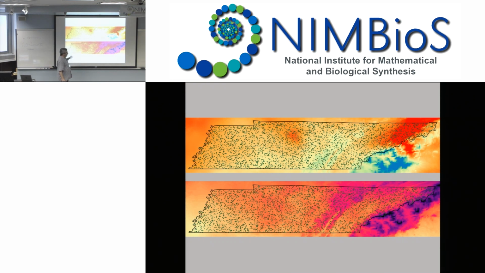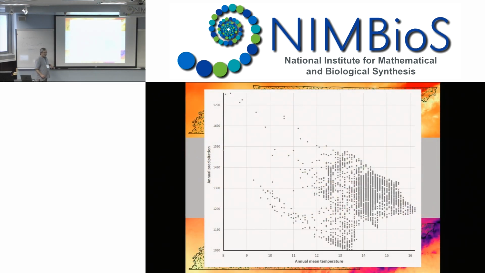So I took the liberty of looking at Tennessee. I threw on, I think it was 4,000 random points across the state. And I looked at temperature and precipitation. And I graphed those against each other. Remember I told you that these environmental spaces are really weird. Right? They have these arms and tentacles. Notice that there's a dense area here and a dense area here.